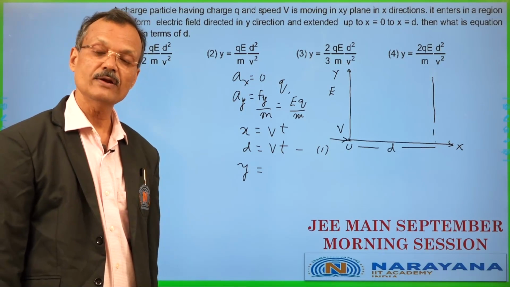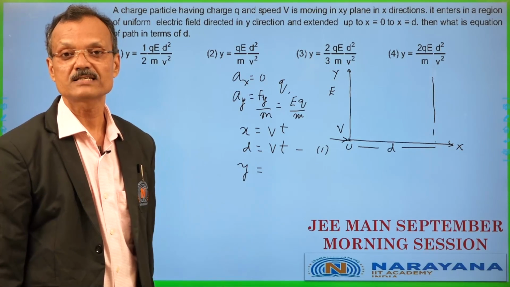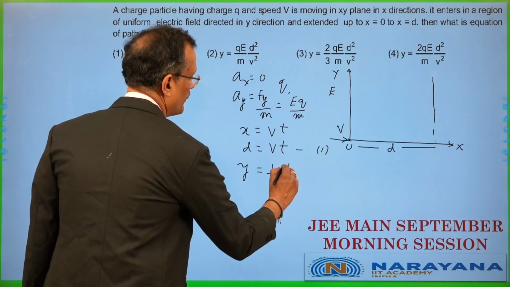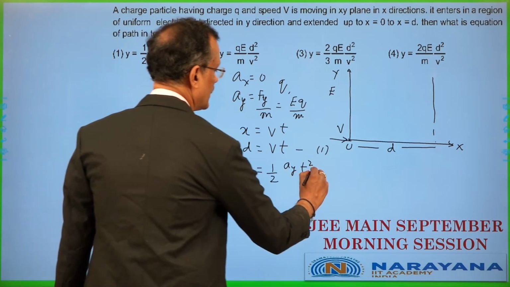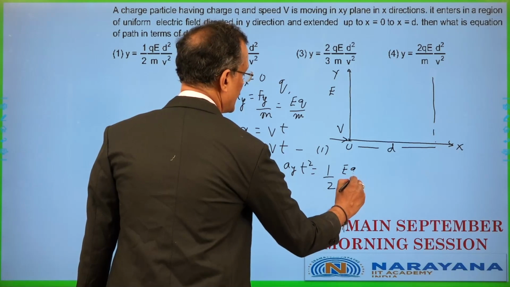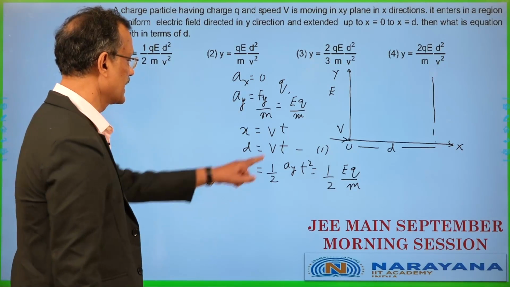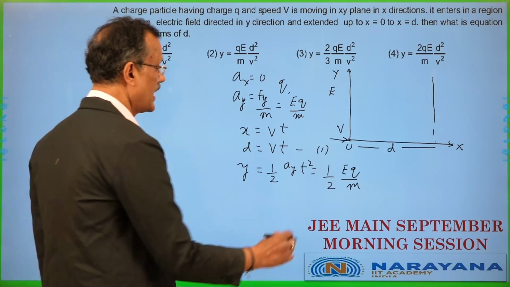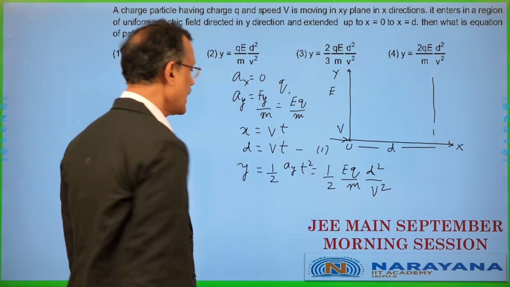Your uy is 0 because the charged particle has entered along the positive x direction. So this will be equal to half ay t squared, where ay is Eq by m. T squared, from here you take t as d by v. So t squared will be d squared by v squared.